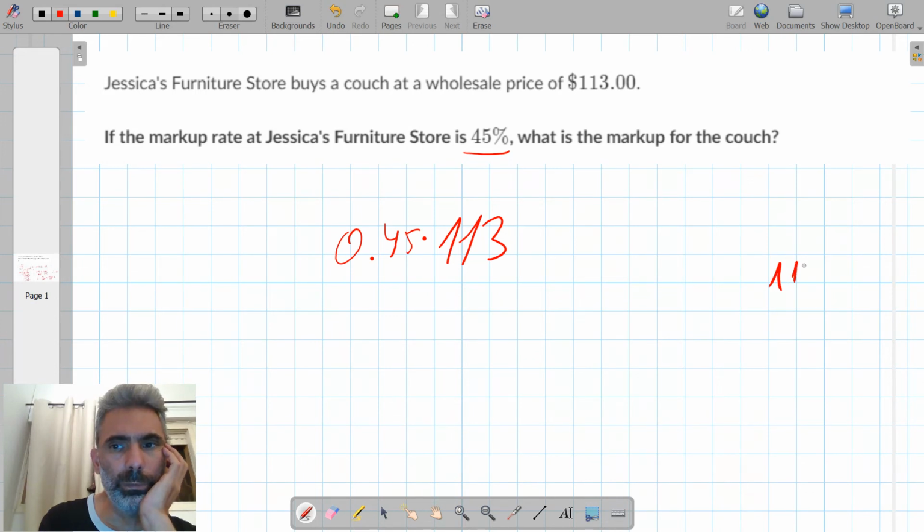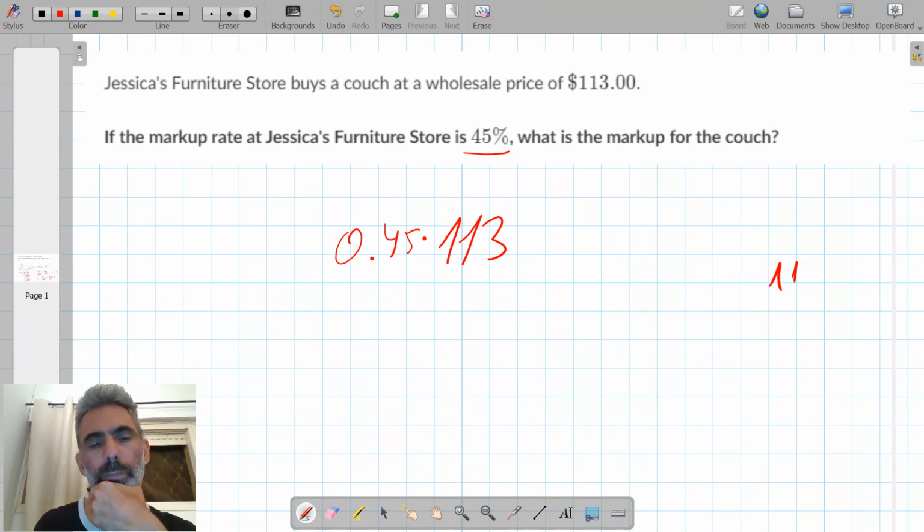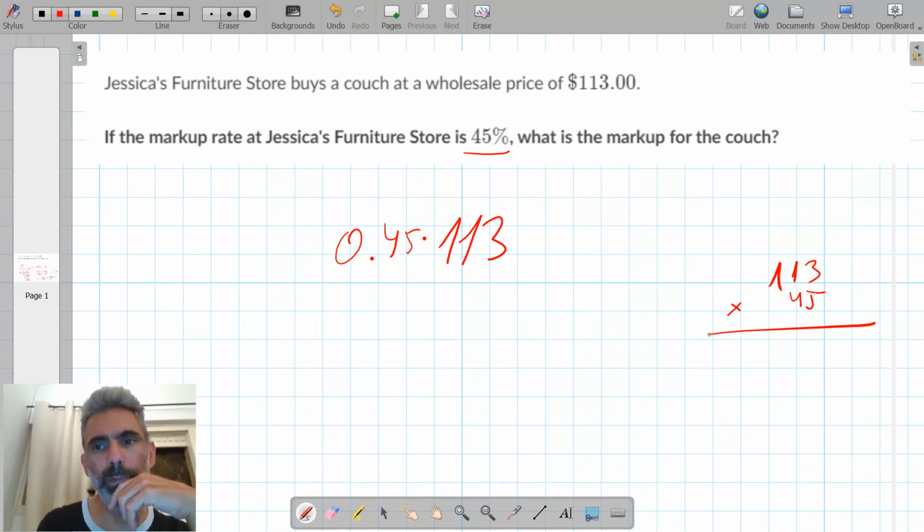So 113 times 45. So 5 times 3 is 15. 5 times 1 is 5, plus 1 is 6. 5 times 1 is 5. 4 times 3 is 12. 4 times 1 is 4, plus 1 is 5.